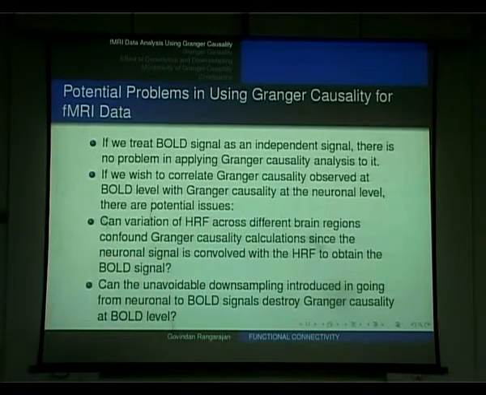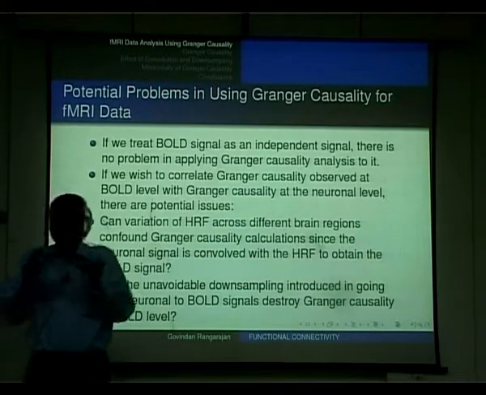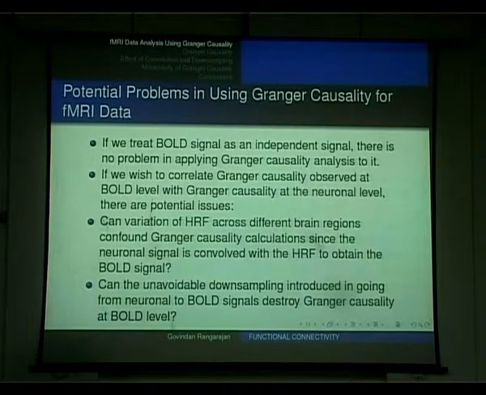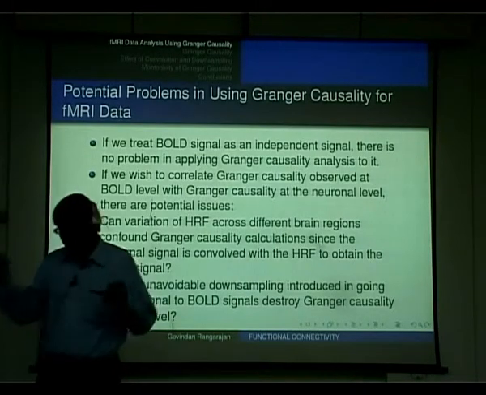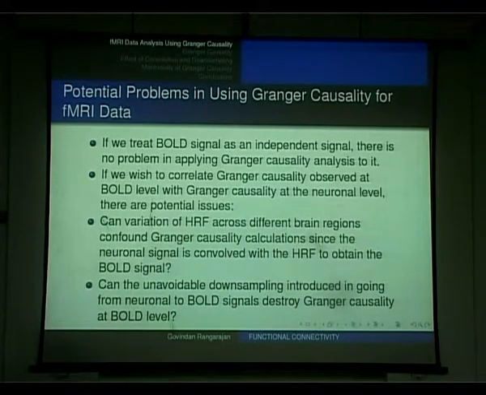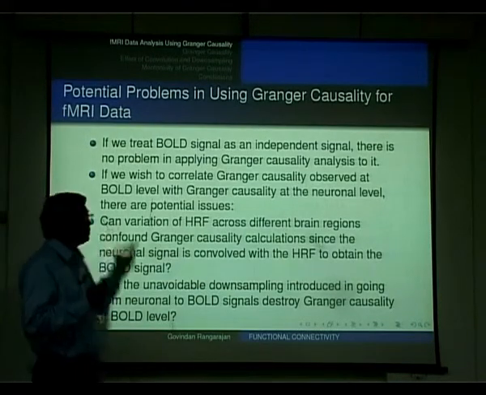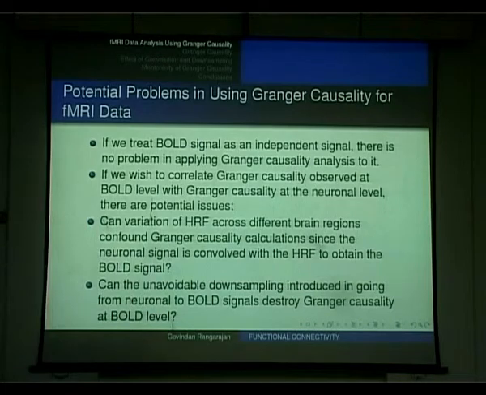Even though biologically you may be worried about what is happening at the neuronal level, as far as detecting something is concerned, all you are looking for are differences between two conditions. So you might as well do it at the BOLD signal level, because if you can find a consistent difference between non-Alzheimer's and Alzheimer's at the BOLD level, even though there may be complications in mapping it to the neuronal level, you don't bother. So that is one approach, and that is also taken, of course.